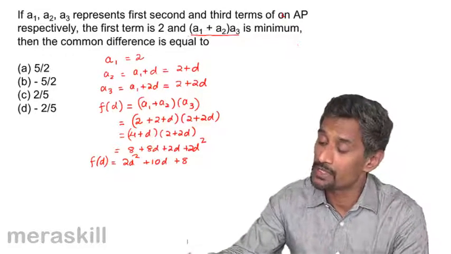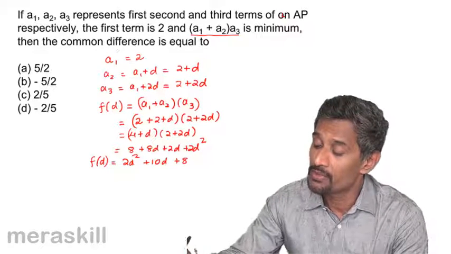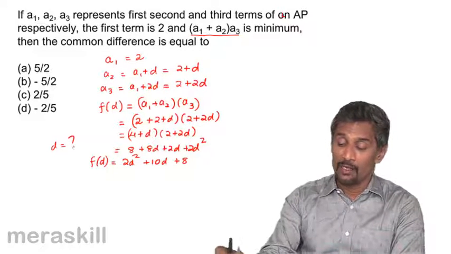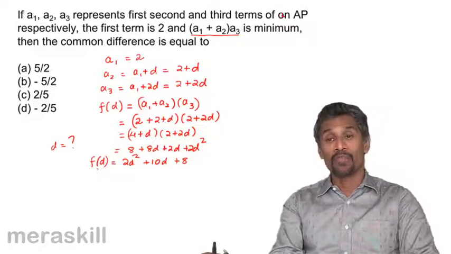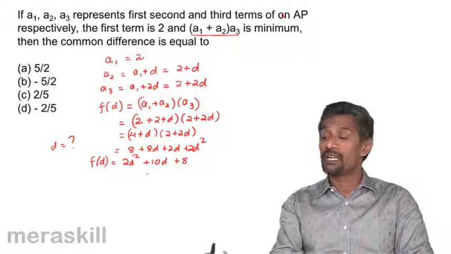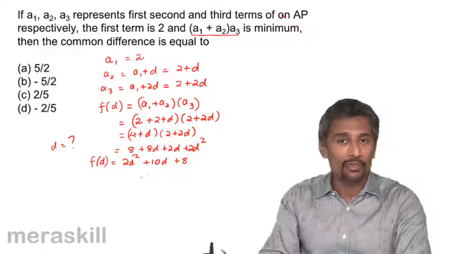So the first term is 2 and (A1 plus A2) into A3 is minimum. Then the common difference is equal to what? So you have to find the value of D for which this particular function attains minimum value. Now here we have the concept of calculus coming, that is how derivatives can be used to find out the maximum value or minimum value.